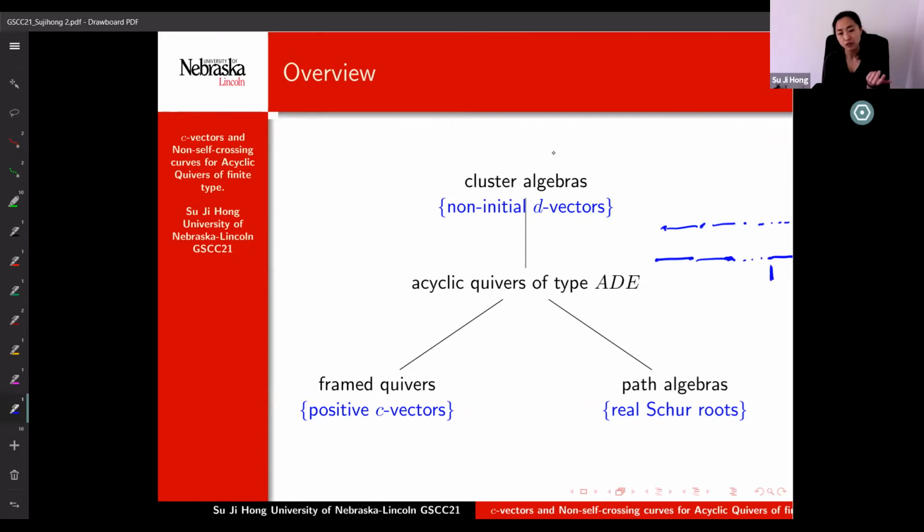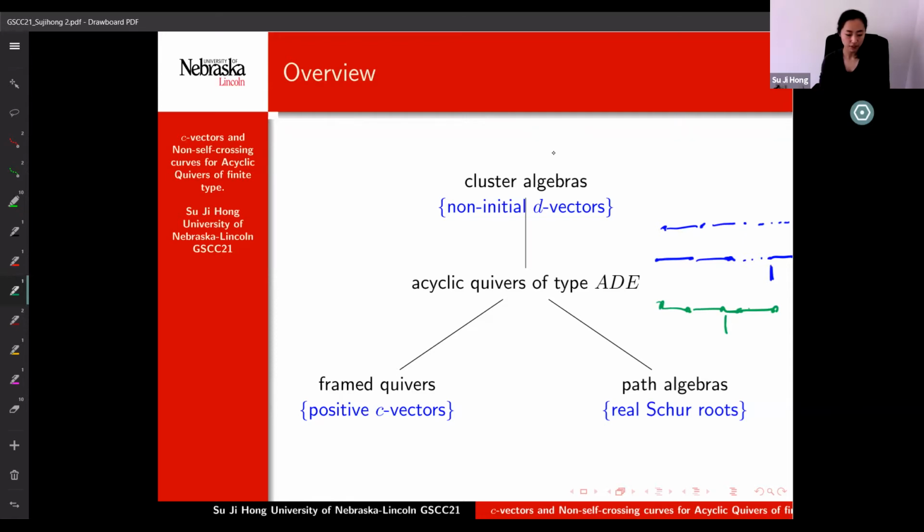And with E, we're going to look at type E6, E7, or E8, the ones with 6, 7, or 8 vertices. They generally look like something like that, where we have this branch at the third vertex from the right.